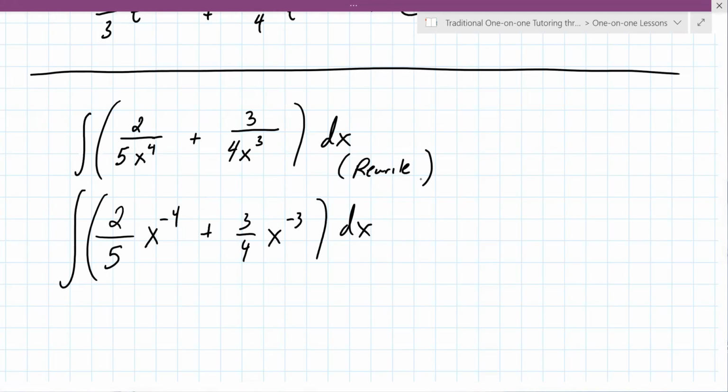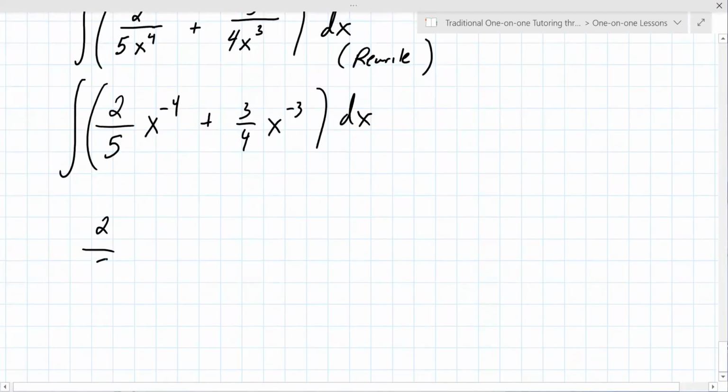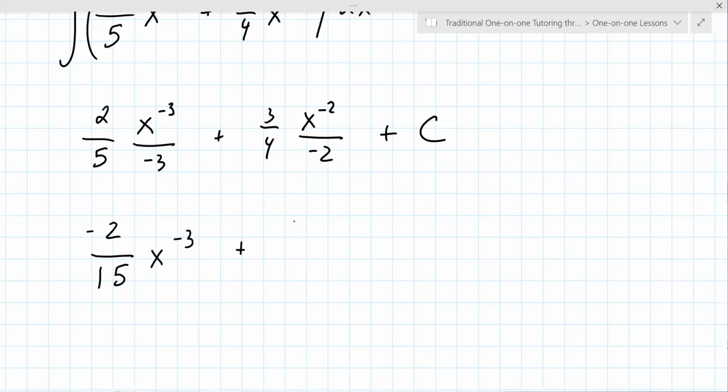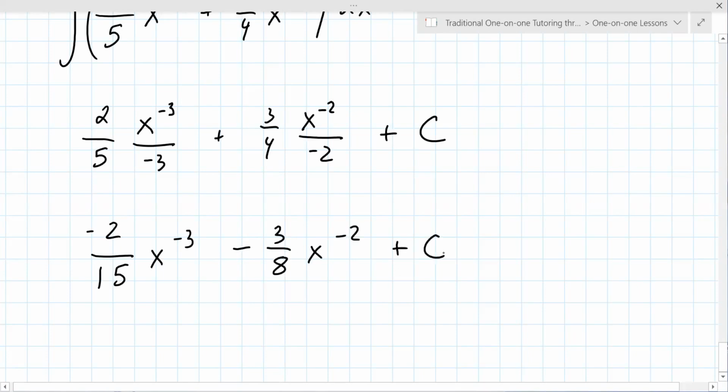Okay, I'm almost done. The answer is -2 over 15x to the power of -3 minus 3 over 8x to the power of -2 plus c. You got it. All right, nicely done.